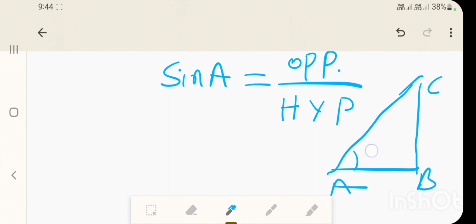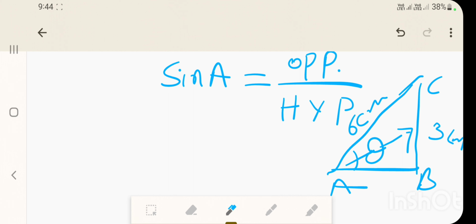Opposite to angle A we have BC, and the hypotenuse is AC. The length of BC is 3 centimeters, and the length of the hypotenuse is 6 centimeters.